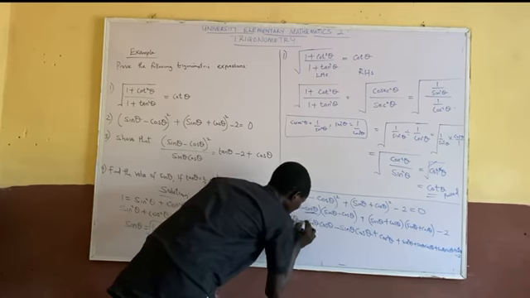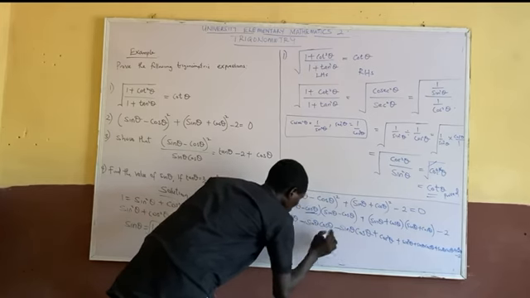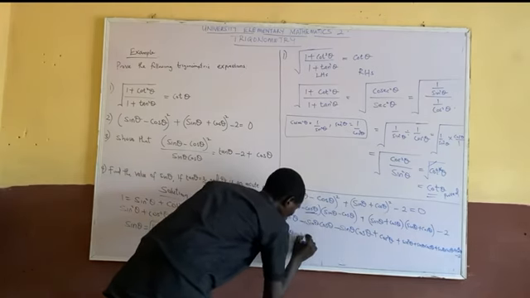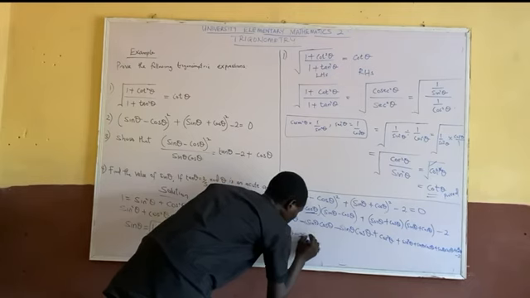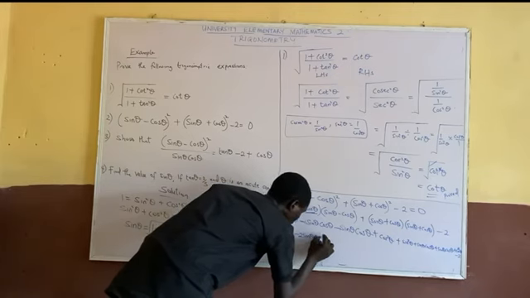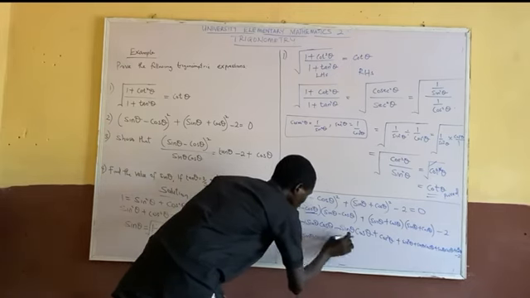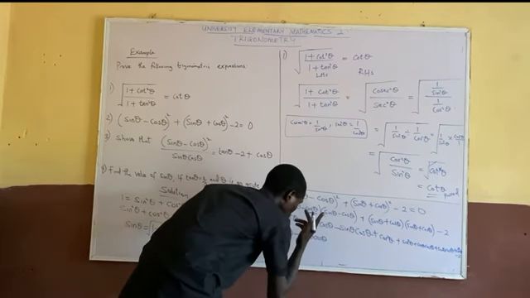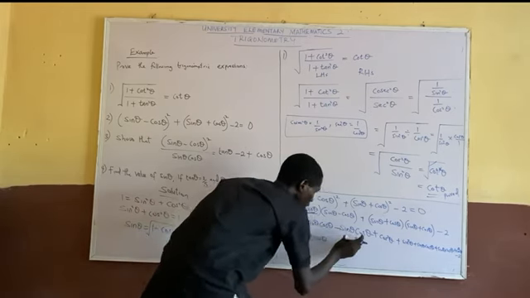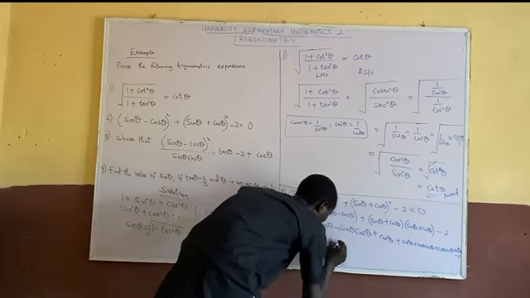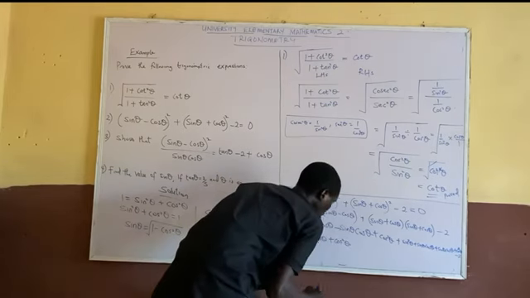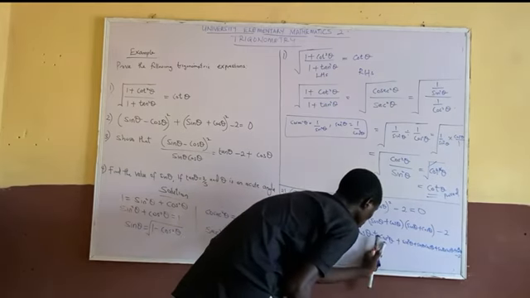This is like minus 1 minus 1, so minus 1 minus 1 will be minus 2. Now sin theta cos theta, you have done this one together, you have added to become 2 sin theta cos theta. Now plus cos square theta. Are you following me?